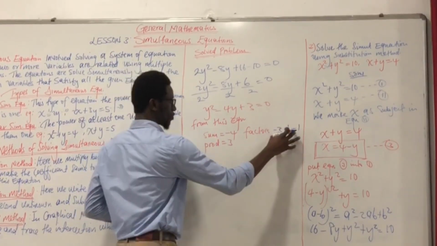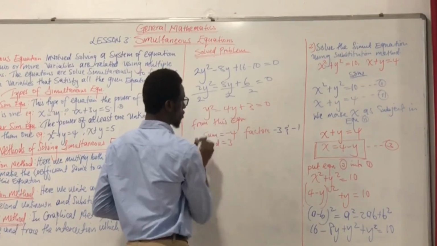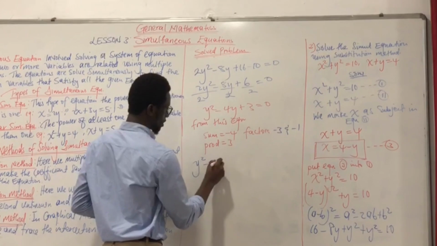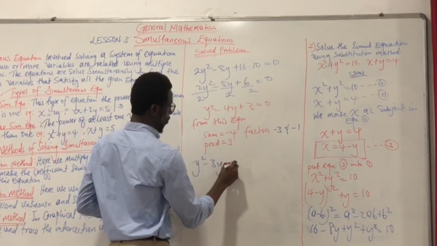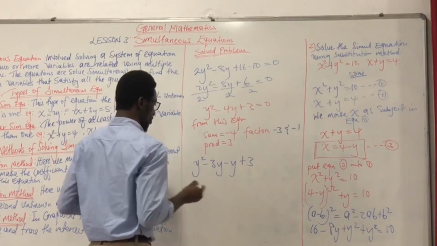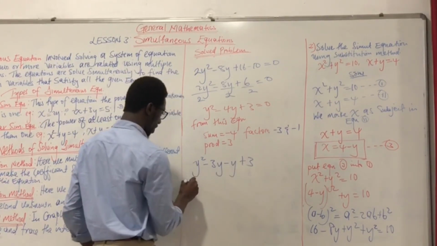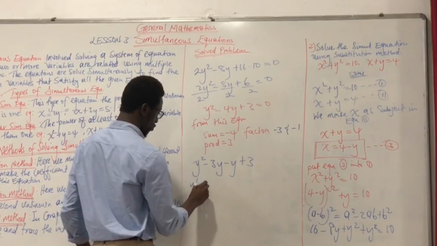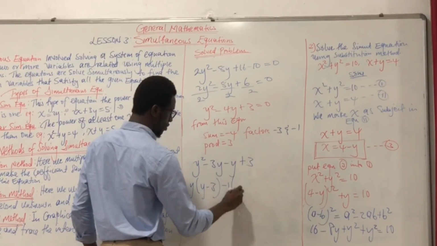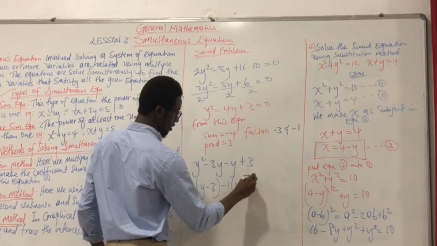So now we substitute this into this equation. Here now we have y squared minus 3y minus y plus 3. So now we factorize: y into y minus 3, minus 1 into y minus 3.